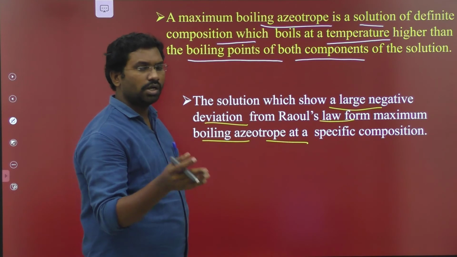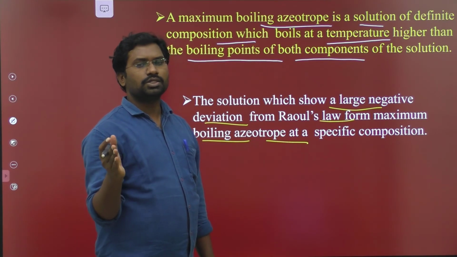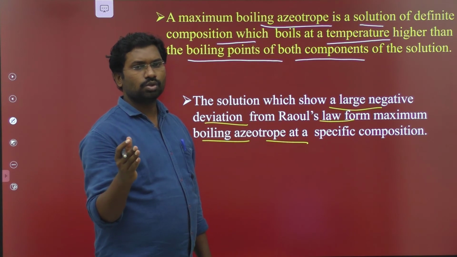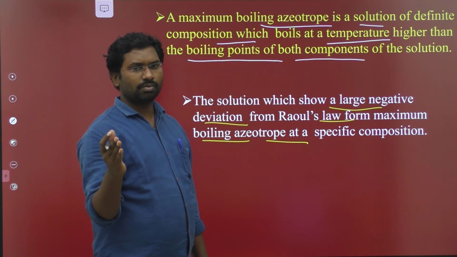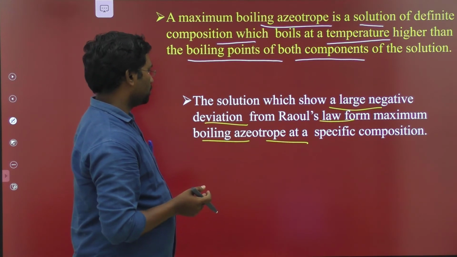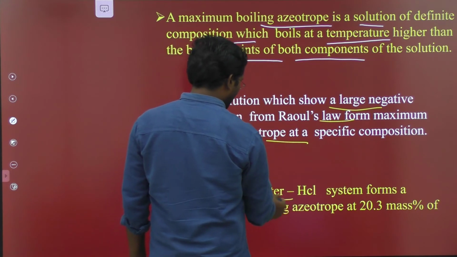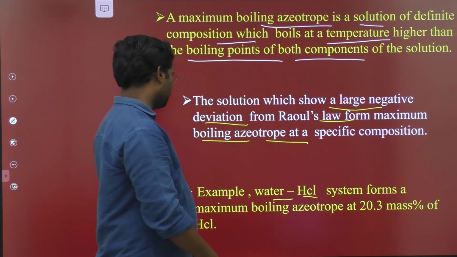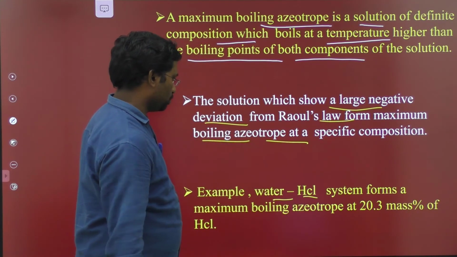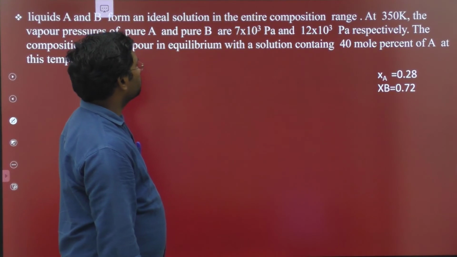The solution which shows a large positive deviation forms a minimum boiling azeotrope. The solution which shows a large negative deviation from Raoult's law forms a maximum boiling azeotrope. An example for this is the water and HCl system, which forms a maximum boiling azeotrope at 20.3 mass percent of HCl.